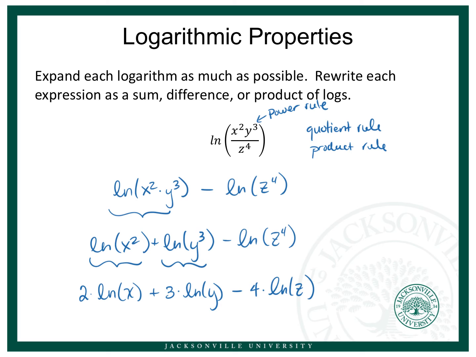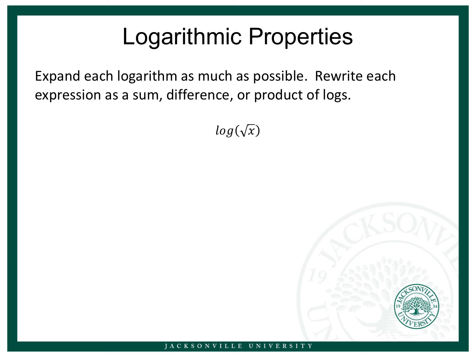Let's look at a few more examples. In this example, you want to rewrite this problem. Anytime you see the square root, you want to rewrite it. So this is the same thing as the log of x to the 1/2 power. Just off to the side here, note that anytime you have the nth root of some number x raised to some m power, you would rewrite this as x to the m divided by n power.